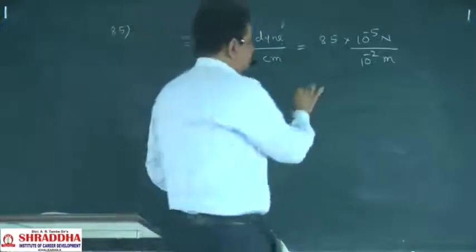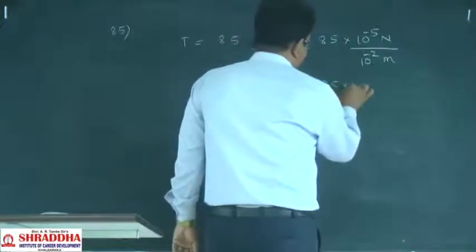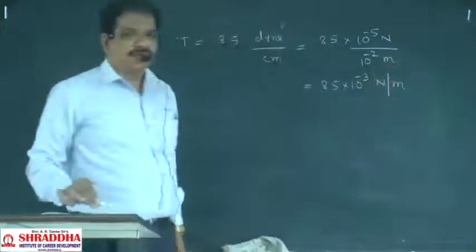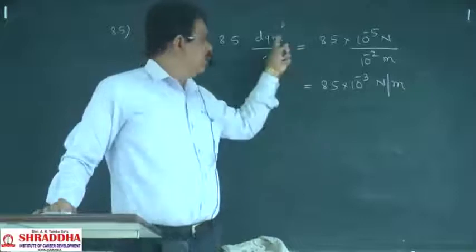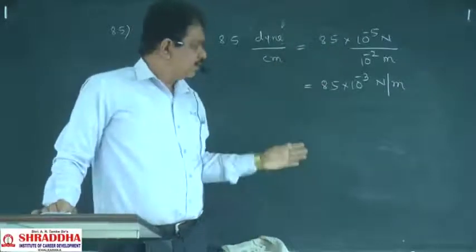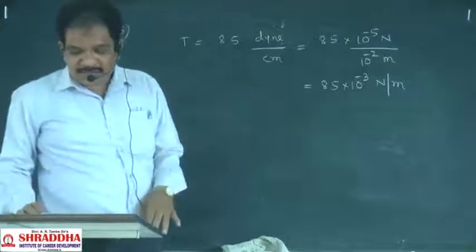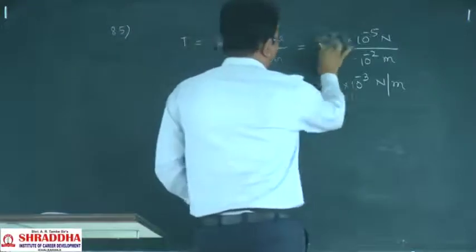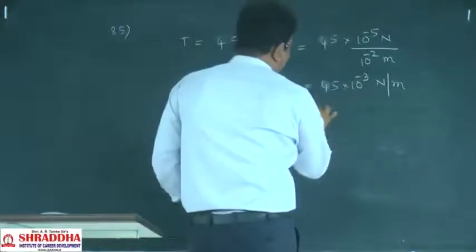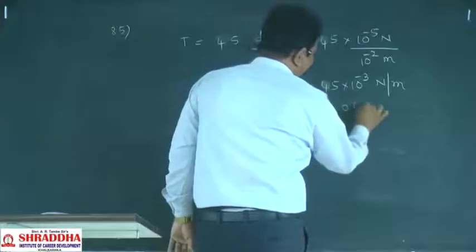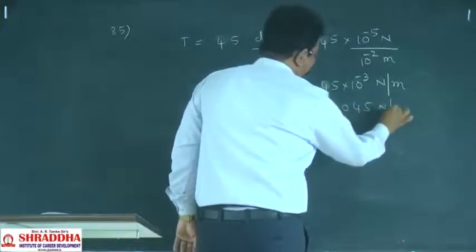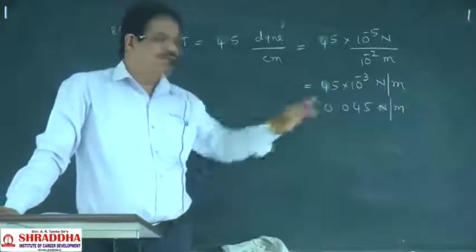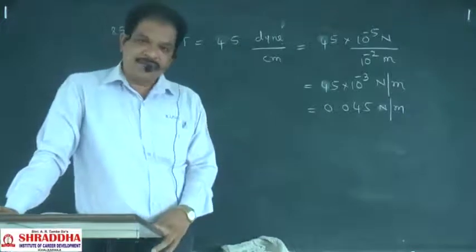So this value is 45 into 10 power minus 3 Newton per meter. We are converting these units into SI system. So this value, 0.045 Newton per meter. Simple problem solved. 0.045 Newton per meter. Clear?